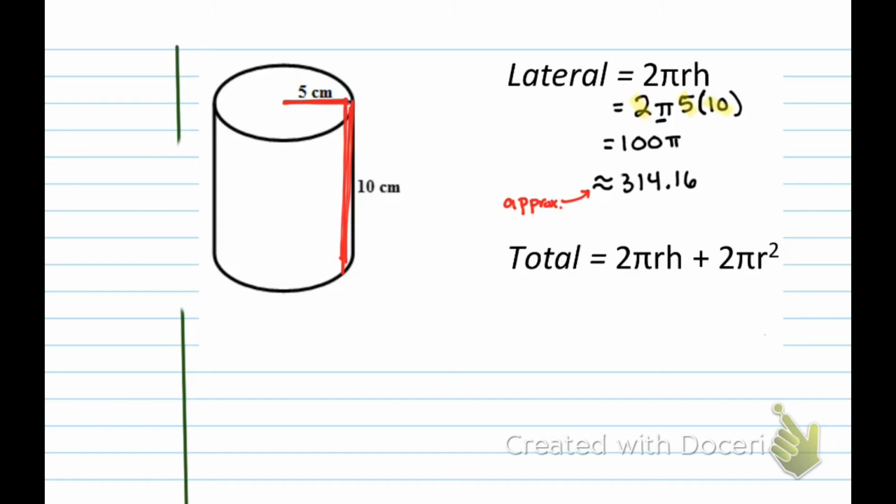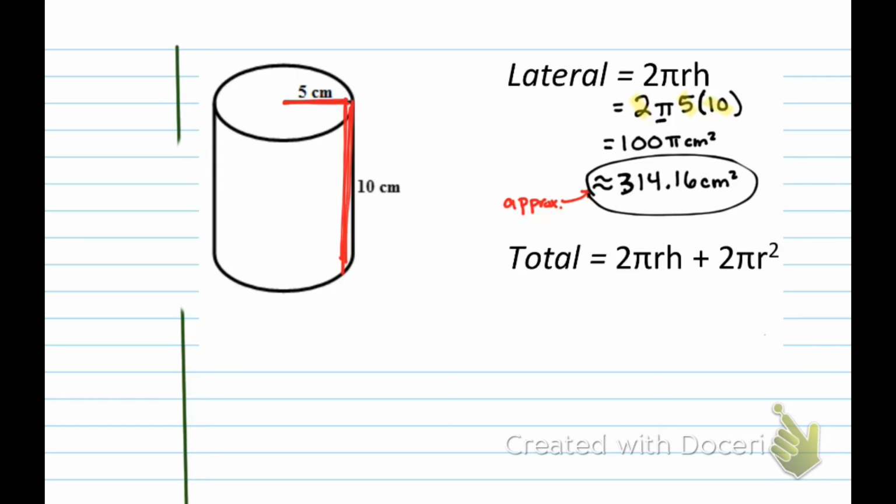Okay, approximately 314.16 centimeters squared. So this is approximately the lateral surface area, and you can actually say that it's exactly 100 pi centimeters squared if you wanted to. Okay, but in our tests, in our assignments, it will be approximately too.